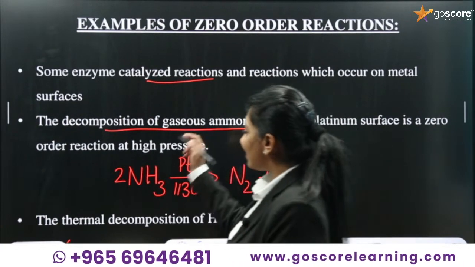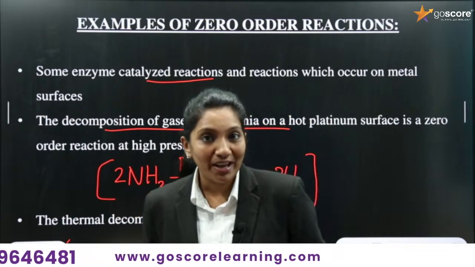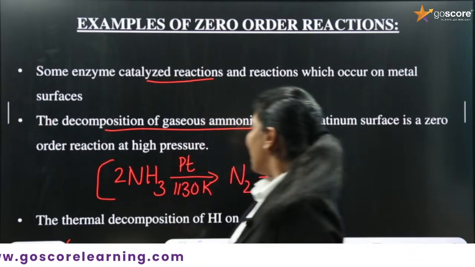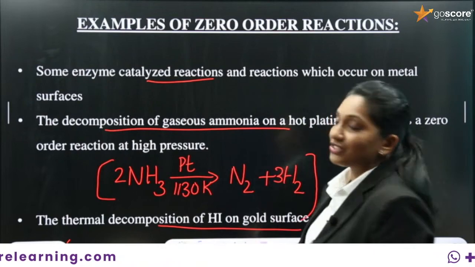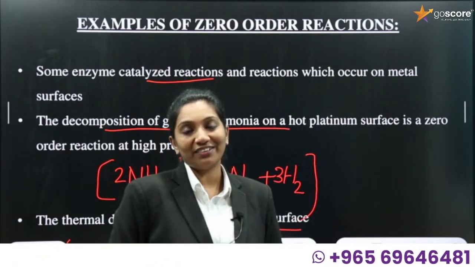So whenever you see the decomposition of ammonia, it should come to your mind that this is a zero order reaction. And also the decomposition of hydrogen iodide on gold surface is another example of a zero order reaction.